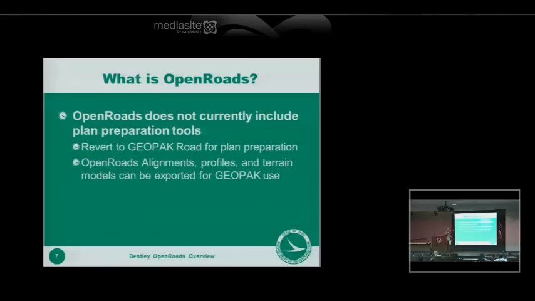If I update it in GeoPack, if I edit a chain using the GPK COGO tools, it doesn't go backwards. You would have to import it back into an OpenRoads alignment. So the main point is there's still a transition of tools. All the tools are not in place for plan production, and it's an undetermined point in the future when that stuff will be integrated.